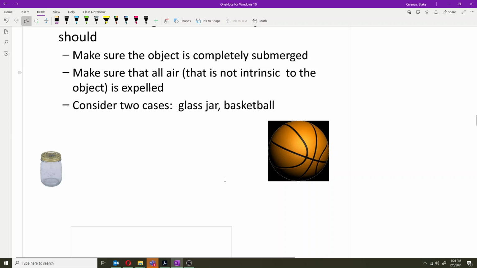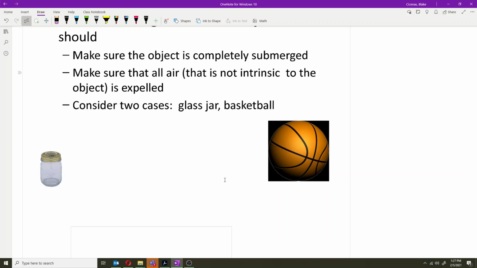A car tire, generally that air is going to be intrinsic to the object. But let's say you want to find the volume of a tissue box that is completely hermetically sealed. Well, you're probably going to want to find the actual volume of the tissue box itself, but not the air inside it. Or a glass jar.